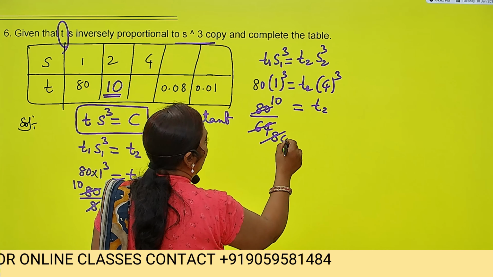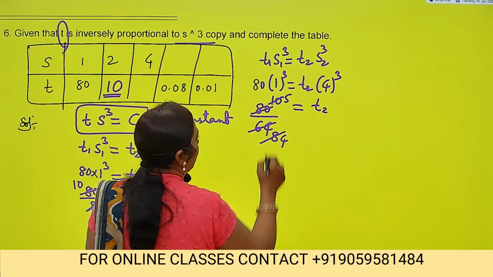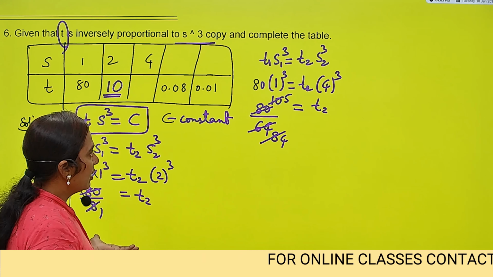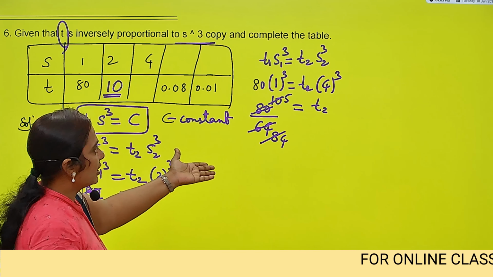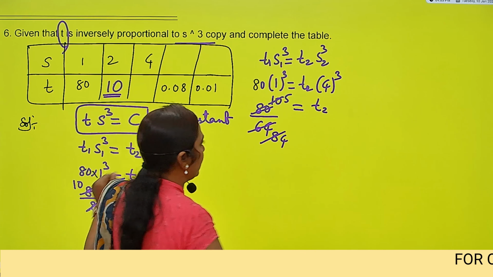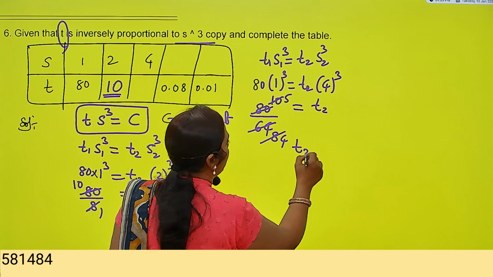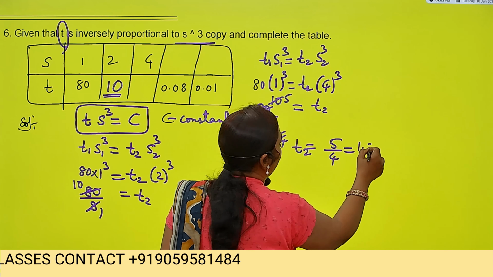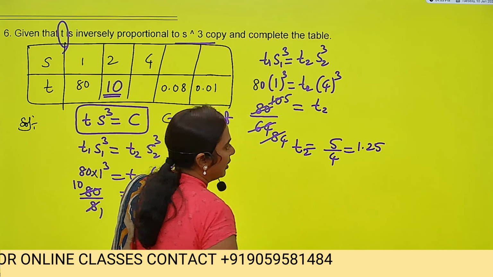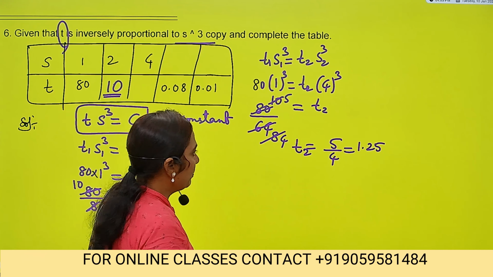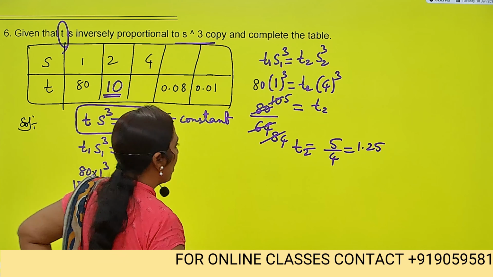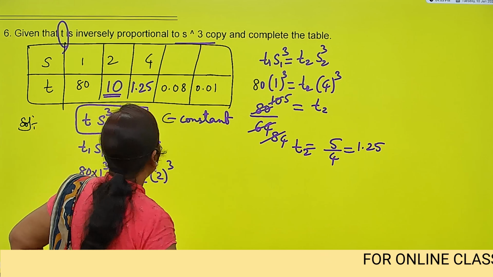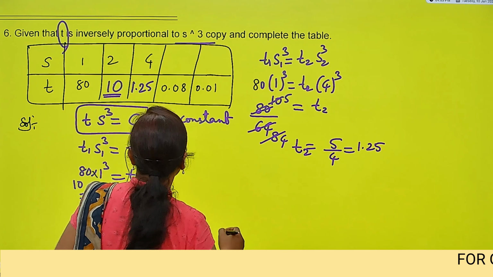Then 2 fours are 8, 2 fives are 10. That is 16 fours are 64, 16 fives are 80. So what is T2 here? 5 over 4 is equal to 1.25. Take the division, that is 1.25. Okay, this is 1.25.